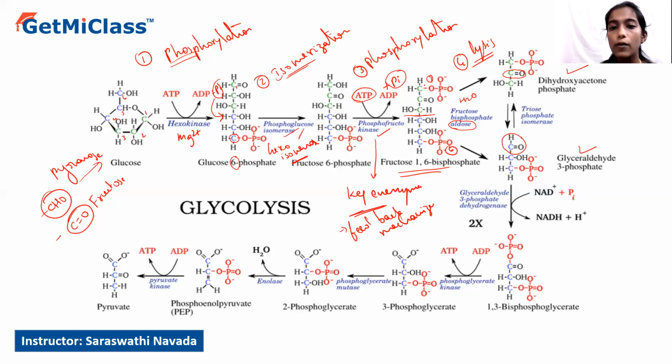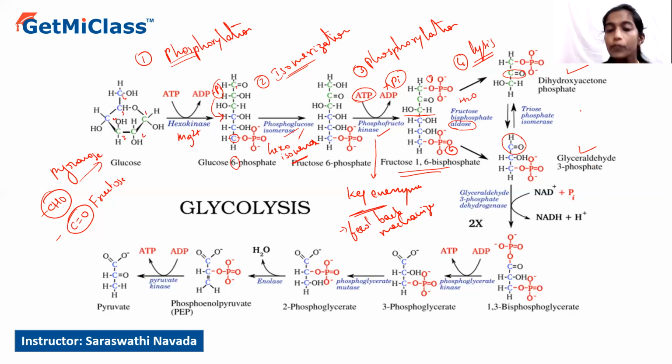The upper 3-carbon molecule forms dihydroxyacetone phosphate, whereas the lower 3-carbon molecule results in the formation of glyceraldehyde 3-phosphate. And these two are again isomers of each other.